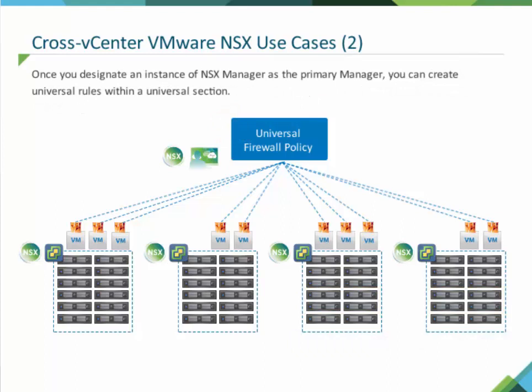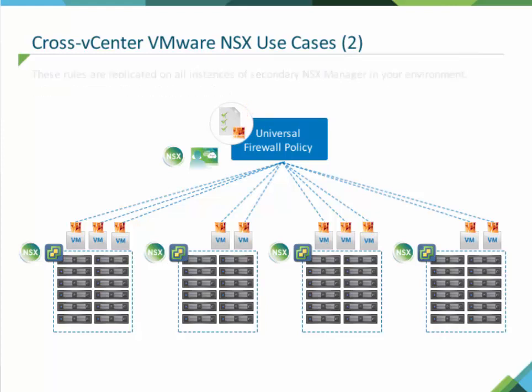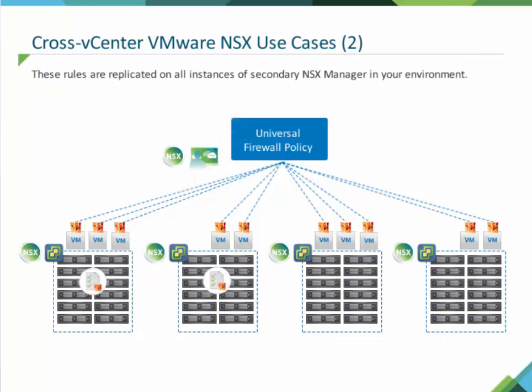Once you designate an instance of NSX manager as the primary manager, you can create universal rules within a universal section. These rules are replicated on all instances of secondary NSX manager in your environment. Rules in other sections remain local to the appropriate instance of NSX manager.